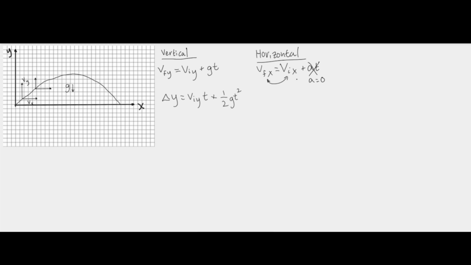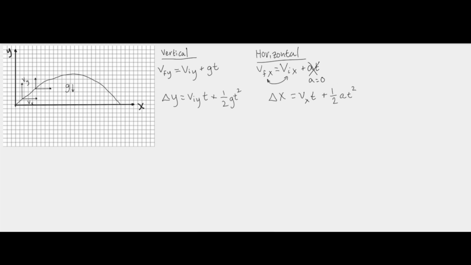What you will see in the textbook on page 40 is delta x equals v sub x times t. Again, we can add a component with an acceleration on there. This would not be wrong. But I'm adding an a instead of a g because g does not function at all horizontally.